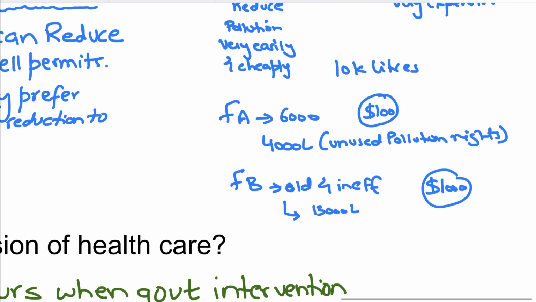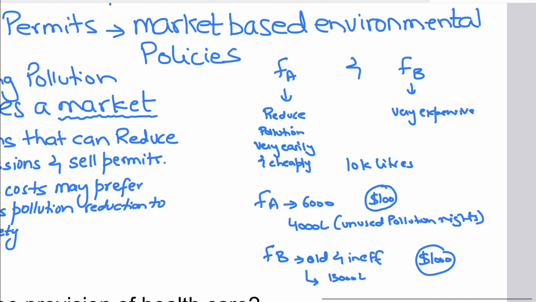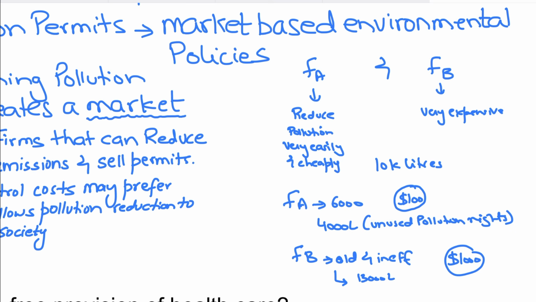I mean, the government isn't really telling every firm that you must reduce the pollution by exactly the same amount. That would have been inefficient because some firms could reduce pollution cheaply while others could not. But instead, the government has created a market. That's why we see the market mechanisms are efficient. So the government says, here's the total pollution that is allowed, 10,000 each.